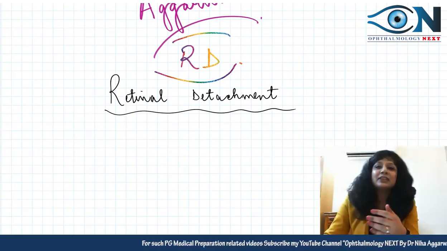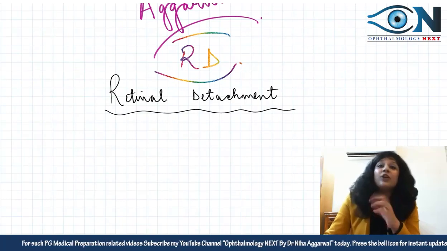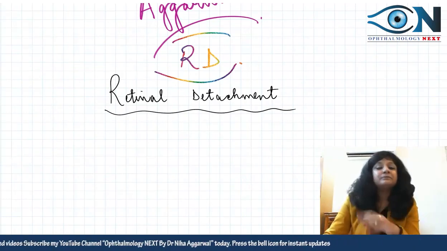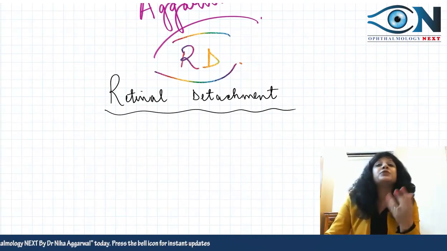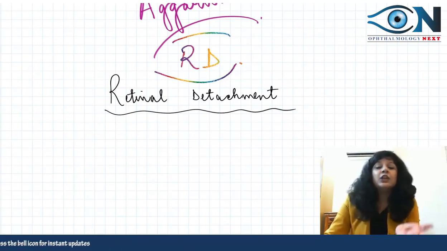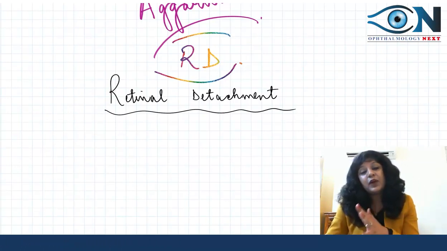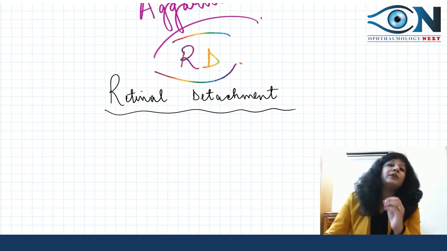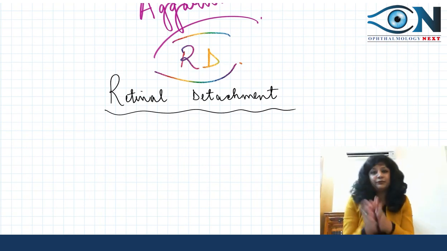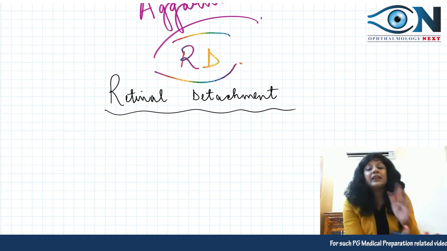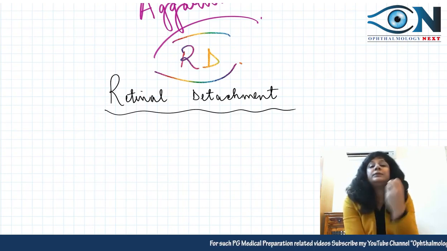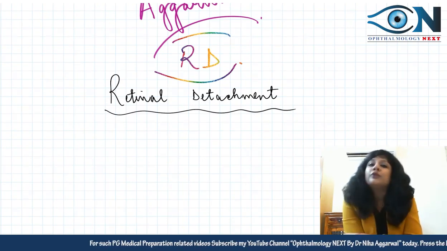Ophthalmology is one subject where you have a lot of abbreviations, and in most cases the options give you abbreviations only, so you will be confused if you are not in the habit of using them from before. So that's why I keep a habit of taking these things in the form of short forms only.